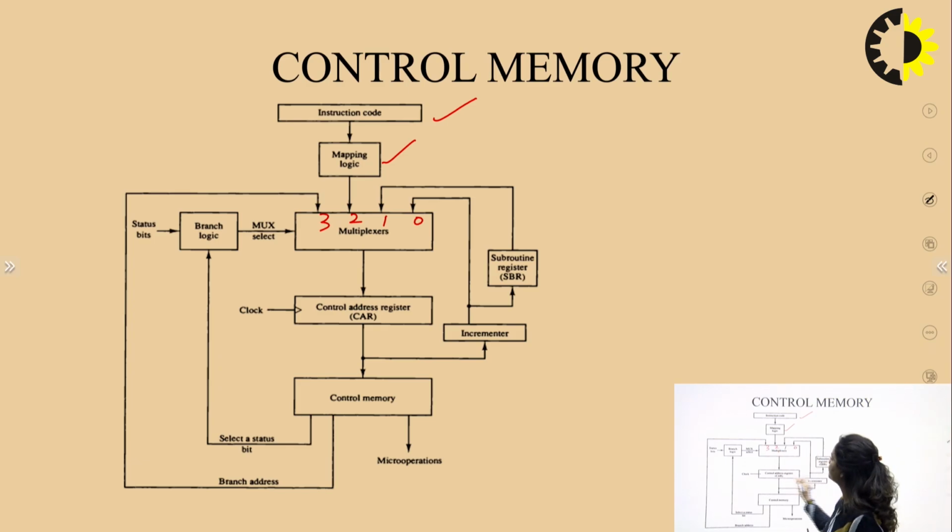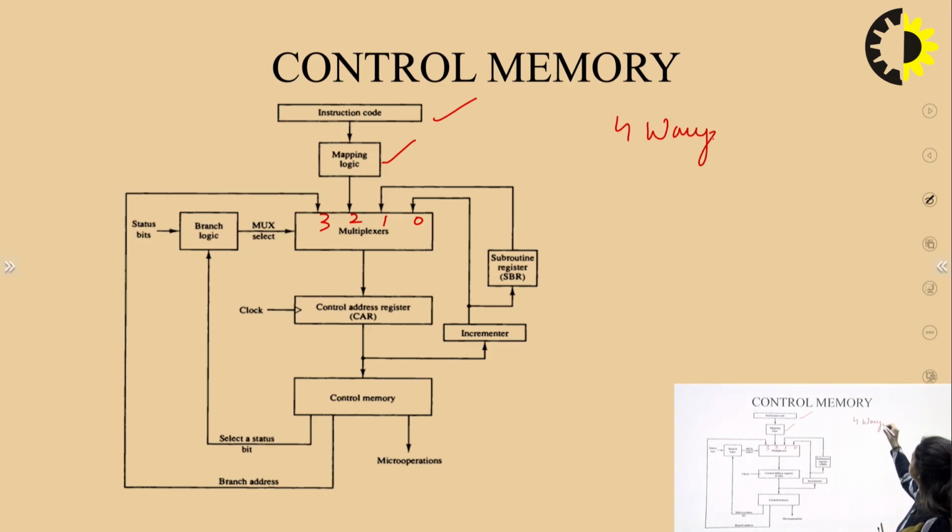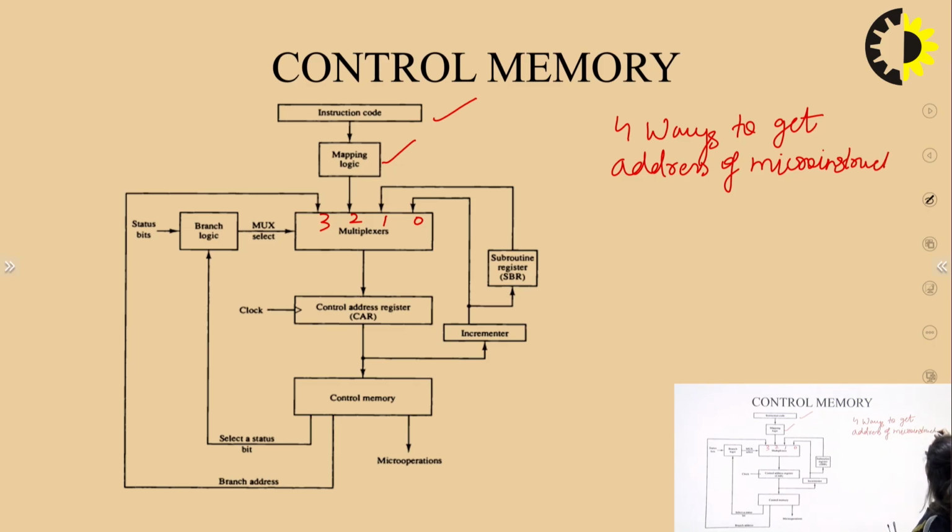So there are four ways of getting the address of a micro instruction stored in our control memory, to decide which micro instruction is processed.